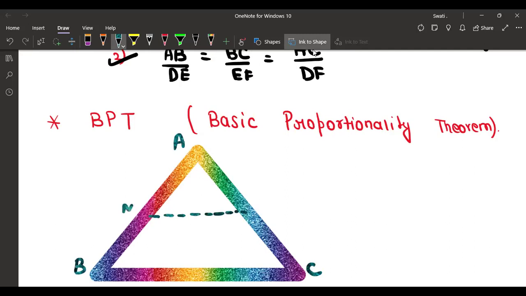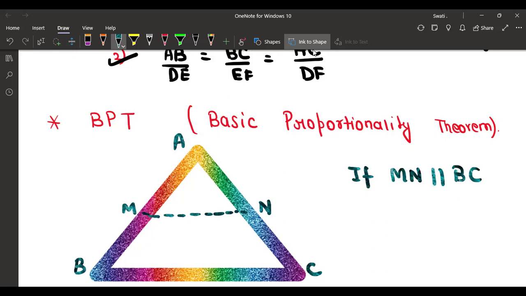That means I have drawn here a line, right now MN, which is parallel to BC. Do you understand the meaning of parallel? Yes. Parallel meaning that they're never going to meet. So this MN and this BC are never ever going to meet. If lines are never ever going to meet, such lines are called parallel, right?